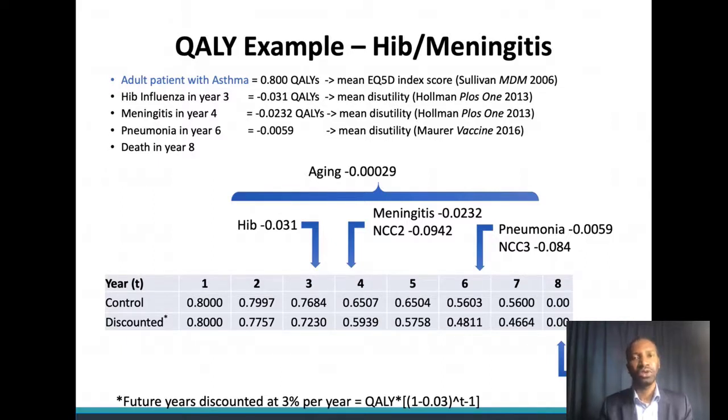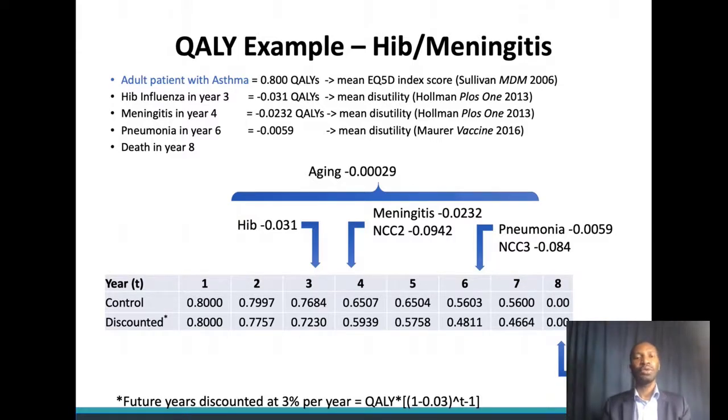So this is the mean disutility in Holman. And meningitis in year 4 reduces QALY by 0.0232, which is the mean disutility in Holman. And then pneumonia occurs in year 6, resulting in a reduction in QALY of 0.0059, which is the mean disutility in Moore. Suppose that death occurs in year 8.